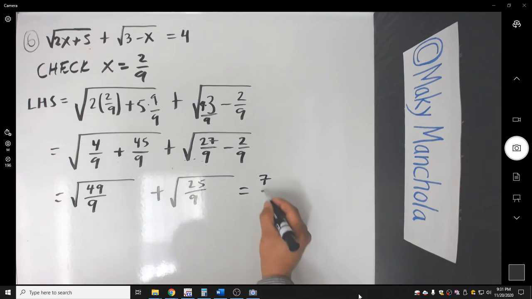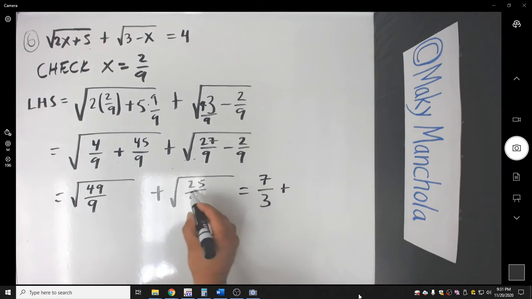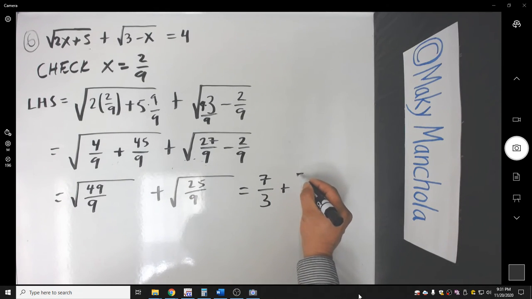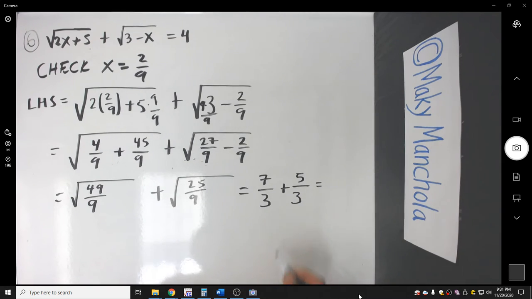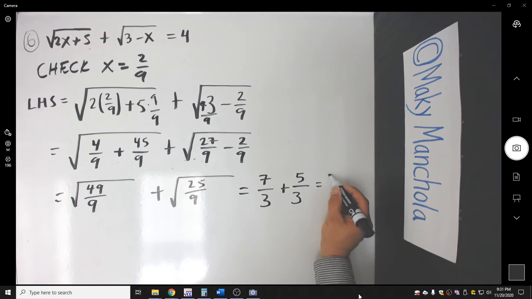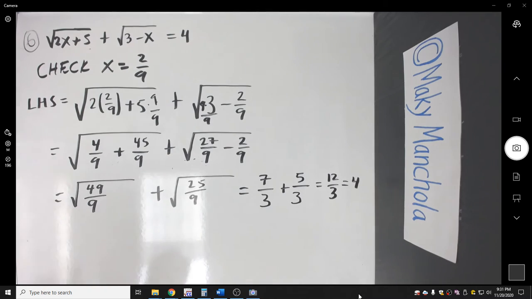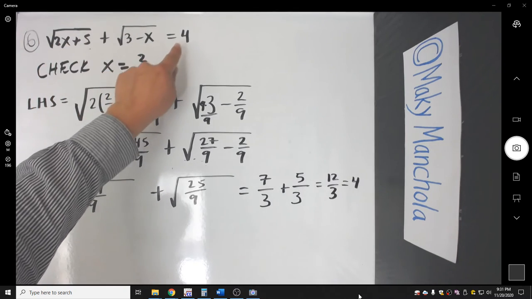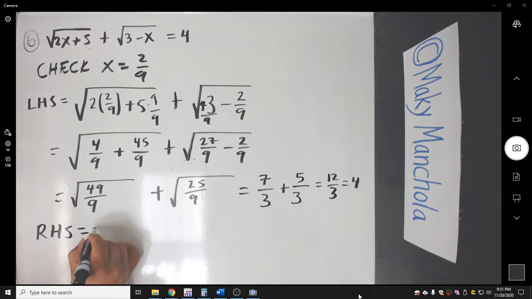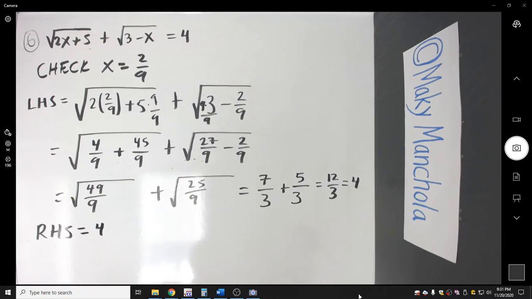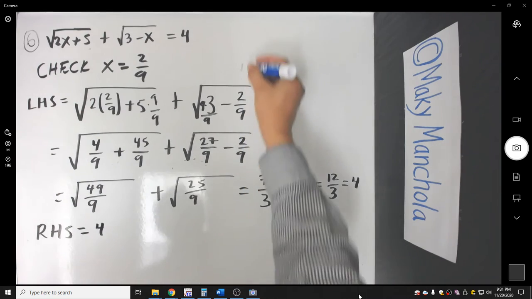The square root of 9 in the denominator is 3. Plus, the square root of 25 in the numerator is 5 over the square root of 9 in the denominator, which is 3. So we're adding 7 over 3 plus 5 over 3, which is 12 over 3. The final result is 4. So the left hand side, when x equals 2 over 9, turns out to be 4. Observe that that is the same as the right hand side. So when x equals 2 over 9, my equation is satisfied. So I conclude that x equals 2 over 9 is a solution of my equation.